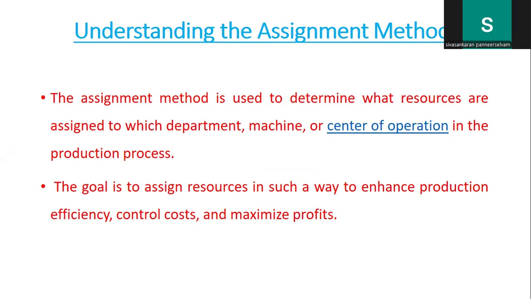Let us take an example of a production process, how the assignment method can be practically applied to a job production process. In this example, the assignment method is used to determine the arrangement of different machines and job scheduling.